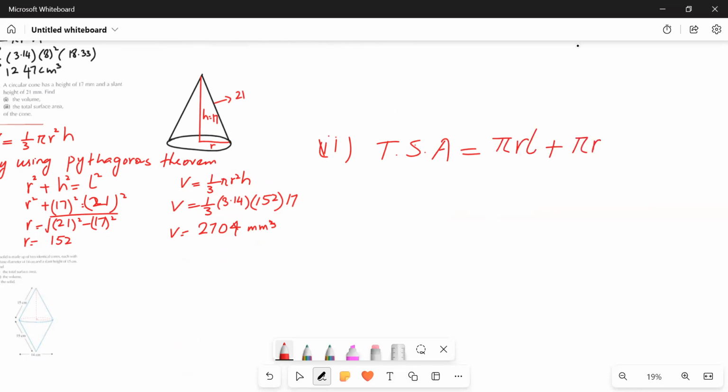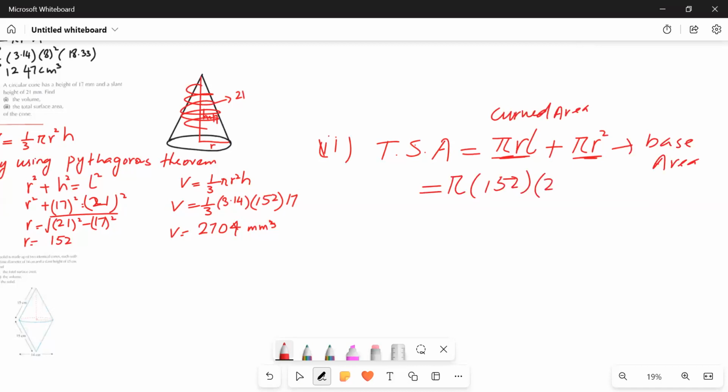Pi r square is the base area, and pi r L is the outer area of the cone, the curved surface area. This is the curved area of the cone, and this one is the base area. So this is the total area of the cone. Okay. So curved surface area is pi r L, where r square is 152 and slant height is 21.